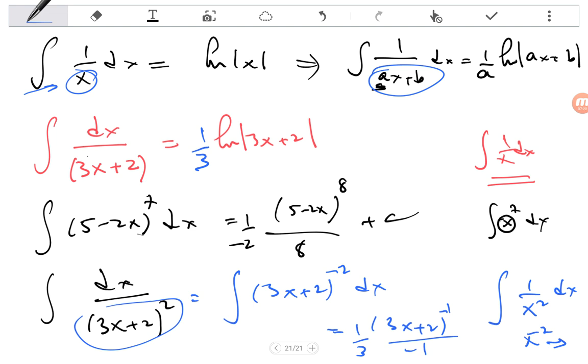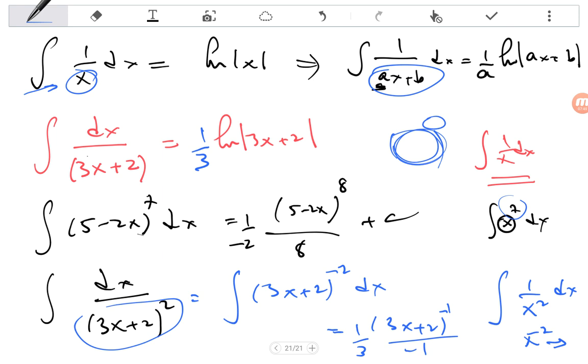So I am skilled to detect this: a linear bracket to some power. That power could be positive, negative, or a fraction. I just apply the same rule as long as what is inside the bracket is linear. As long as what is inside the bracket is linear, I apply the power function rule.